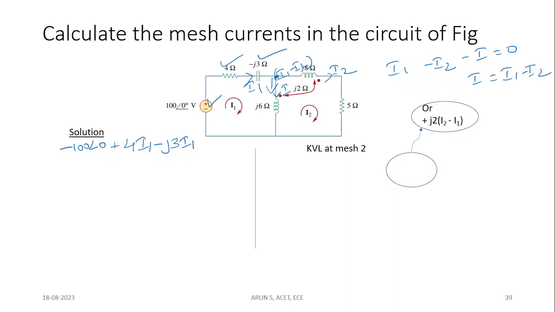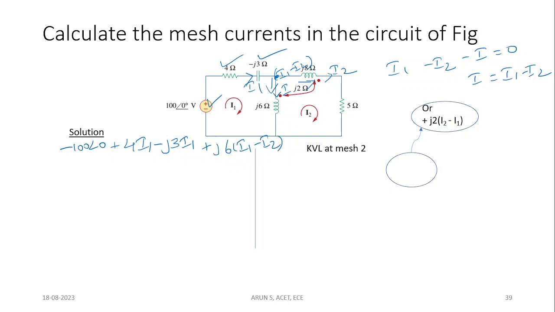The I1 minus I2 is the current flowing from top to bottom, in the clockwise direction. So the self-induced voltage will be plus J6 (I1 minus I2). There will be one more voltage, we call it the mutually induced voltage. That is due to the current flowing through J8.